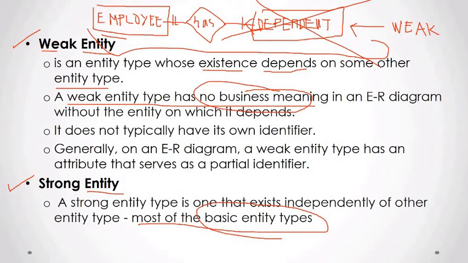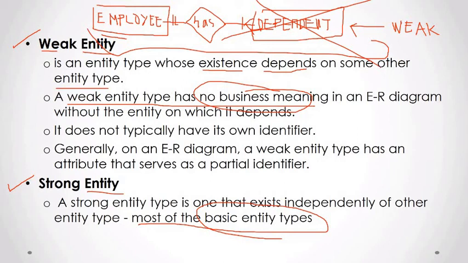The entity employee is still important for the company. It still has purpose, or it has still some relevance to the organization, even if we are going to remove that entity dependent. Because it's the employee that works for the company.